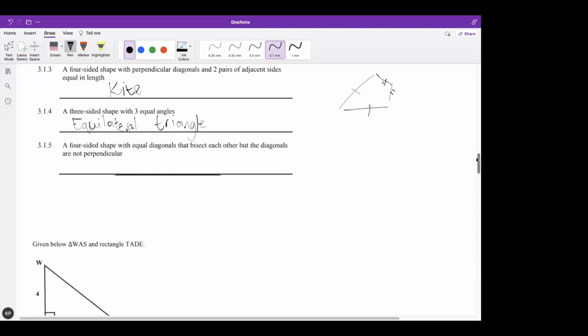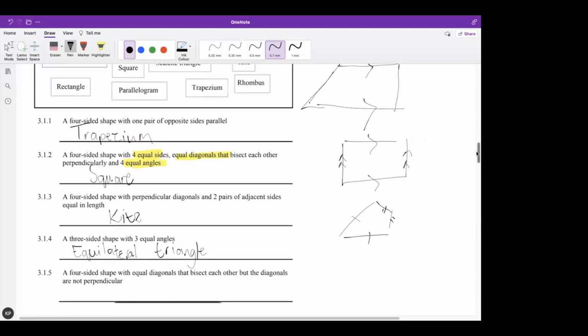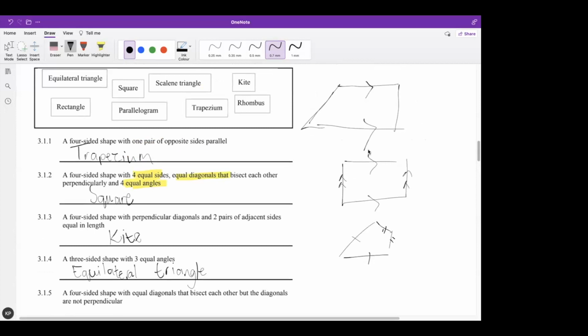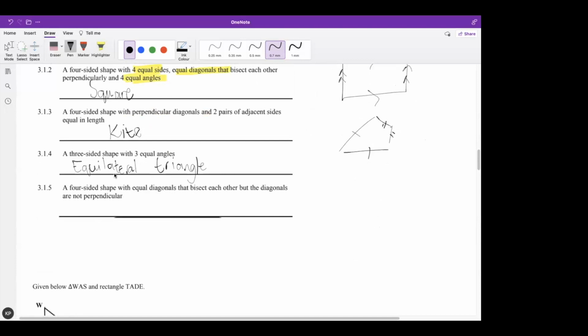Are you sure? Think about it, guys. Okay, I will when I'm finished. Think about it. Four-sided shape. Diagonals are equal.